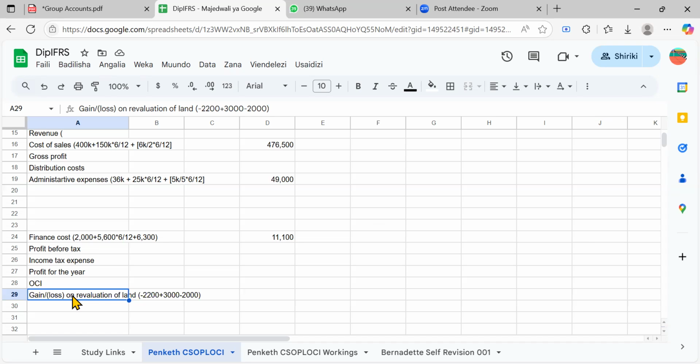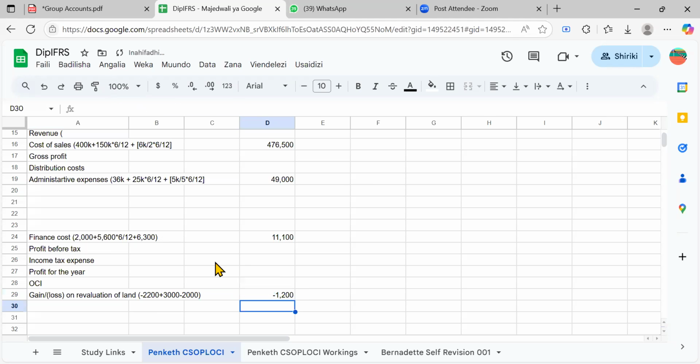It doesn't mean that gain happened from the beginning of the year to the end. We compare the figures. So how much do we get? We said it was negative 200 plus 3000, minus 2000, and we had that figure. Okay, that is fine.